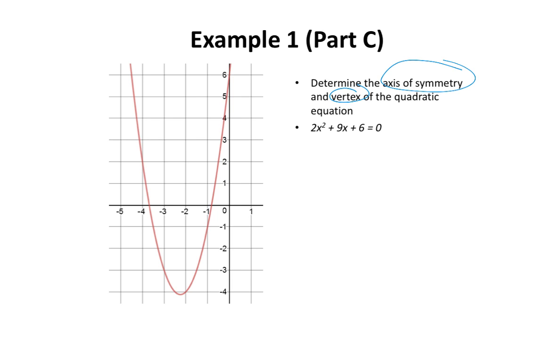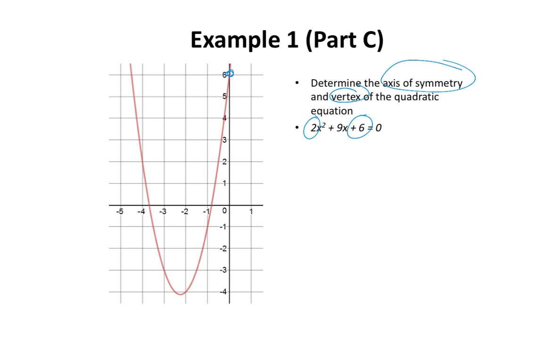As you can see, I've gone ahead and already graphed this quadratic equation. Let's just double check to make sure it makes sense. The value of a is positive, therefore the parabola should be smiling. In other words, it should be opening upwards, and it looks like it is. And last but not least, the value of c is positive 6, which means the y-intercept is positive 6.